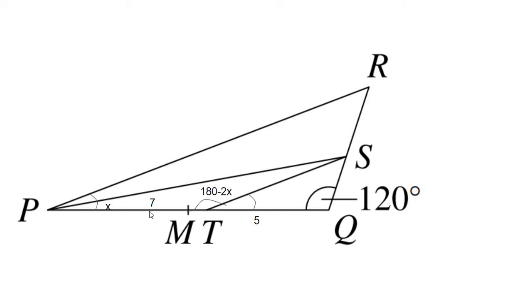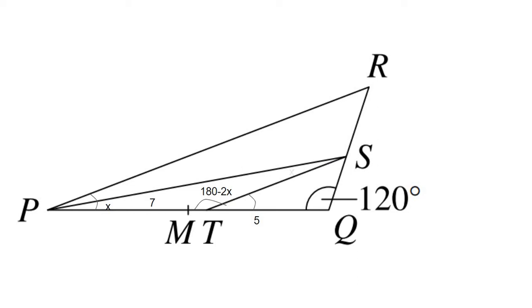We know these two values, x and 180 minus 2x. That way we can find out the value of the third angle, because we know that the sum of the angles in a triangle is 180. So if we add this angle, which is x, plus 180 minus 2x, plus the third angle, they're all going to equal 180.